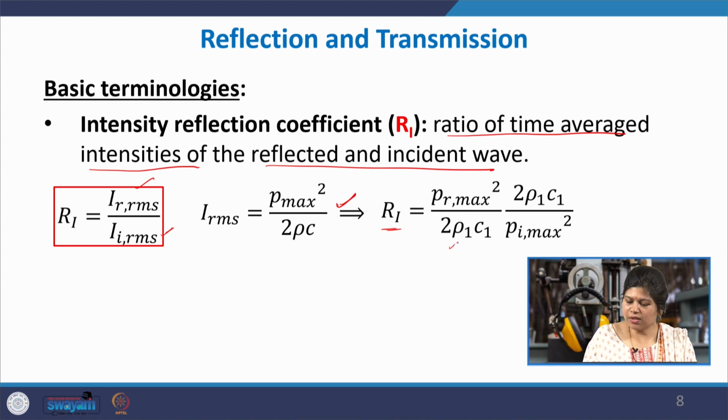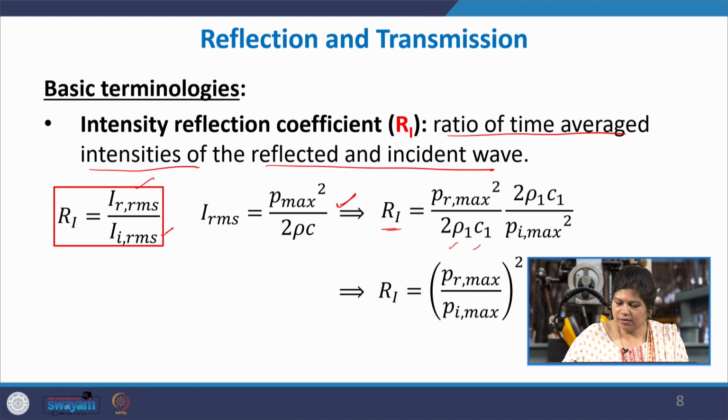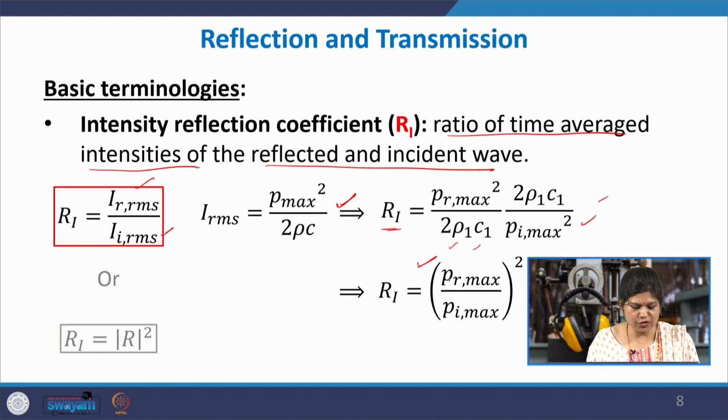So, it is rho 1 C1. This gets cancelled out and ultimately we end up with PR max by PI max whole square. And what is this inside the square? We have already defined it as the pressure reflection coefficient. So, this is the thing we get.